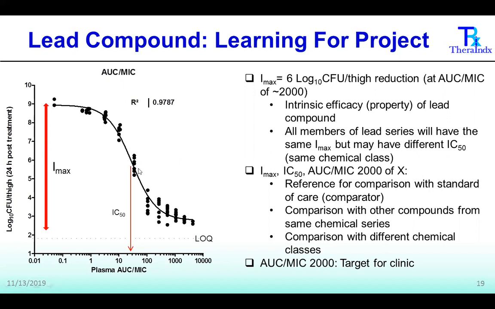That is, whether the new members during the optimization program have the same IC50, or a better IC50, or are they poor? This could also serve for comparison with different chemical classes in the lead program. Last but not the least, this number is the target to be set for the clinic, which has been shown to be translated well into human beings for other classes of antibiotics.